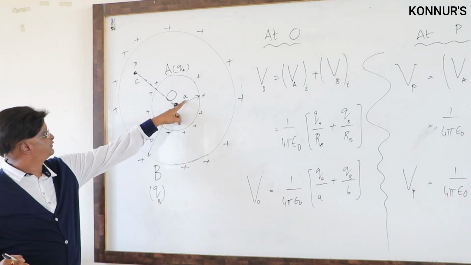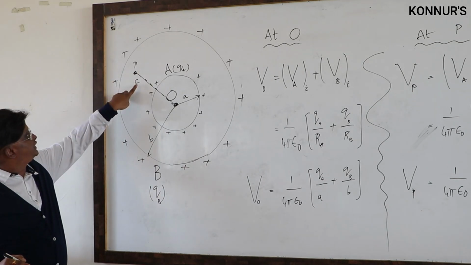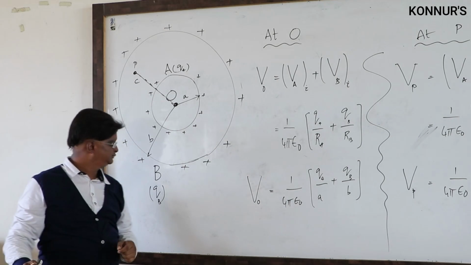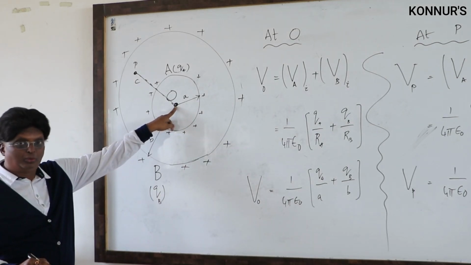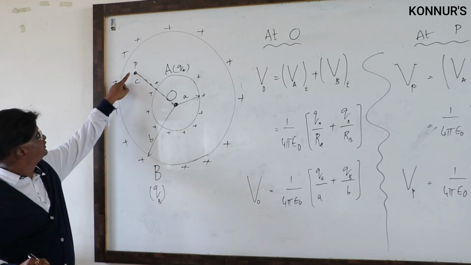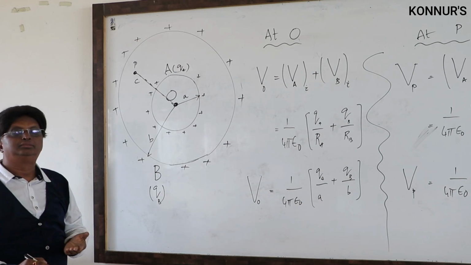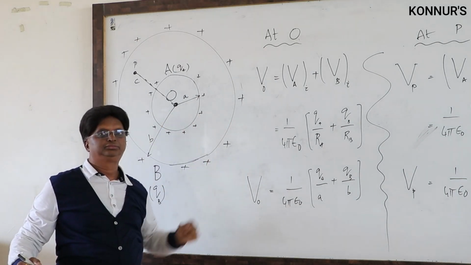Here I am showing small a, small b for radii. Now P is a point at a distance c. Now the question is, you are asked to find the net potential at the point O, the net potential at the point P, or even the potential difference between the two shells.